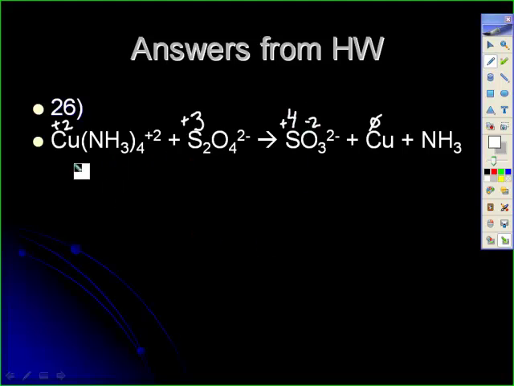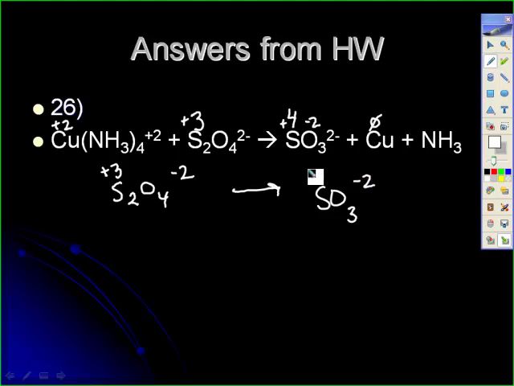So my oxidation that's taking place is my sulfur, so I'm going to go ahead and write that down, S2O4 -2, and S has a +3 there, and SO3 -2, it's +4 there.